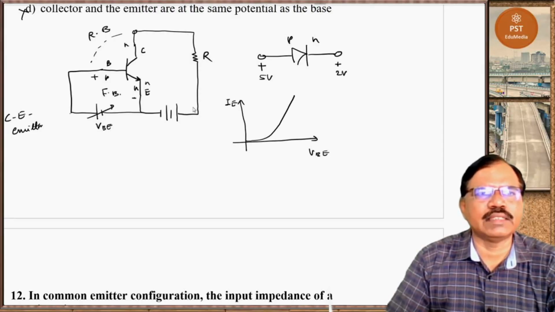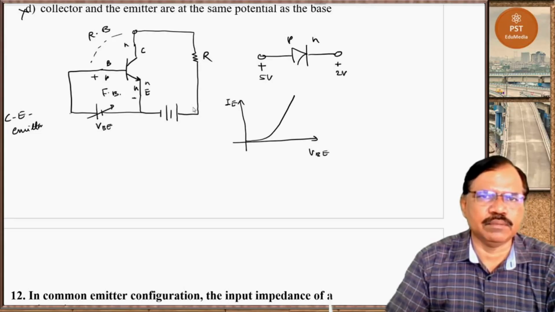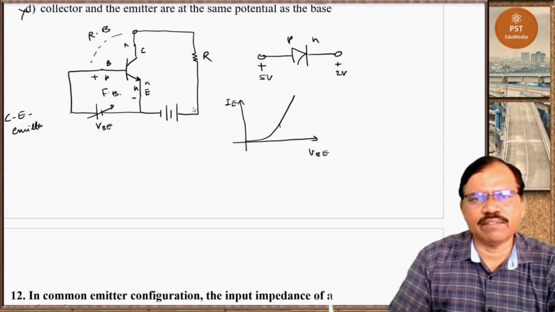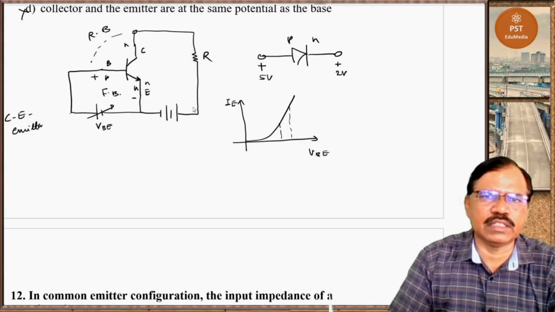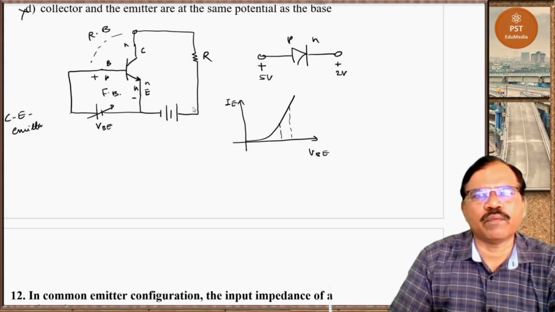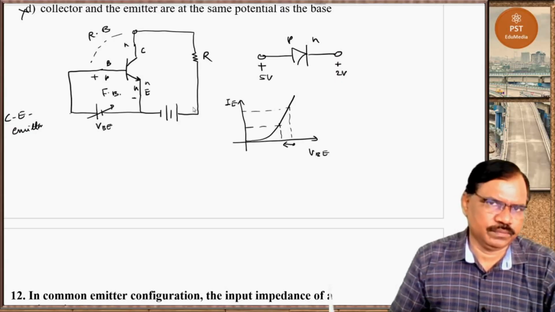This is forward bias characteristic of this base emitter junction, and you can find resistance by taking slope here. So for a very small change in base emitter voltage, there is large change in current.